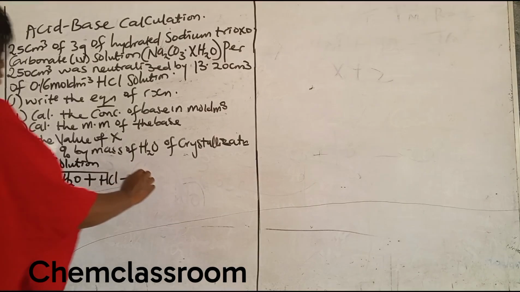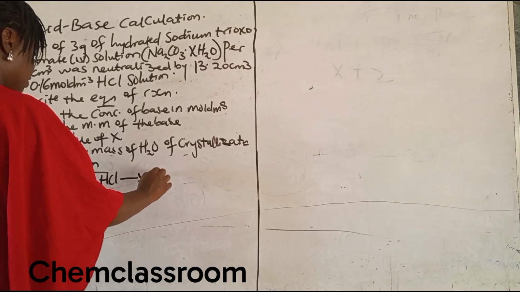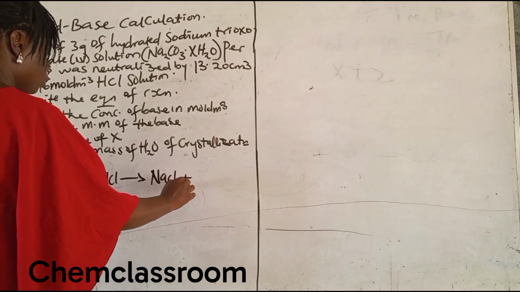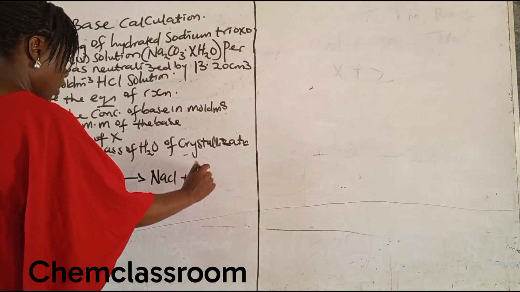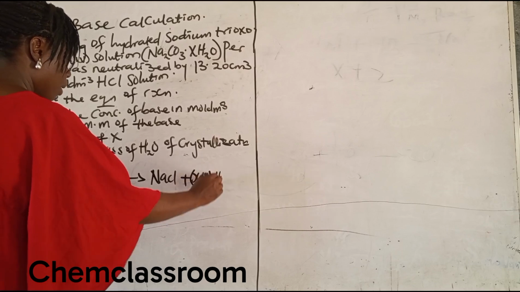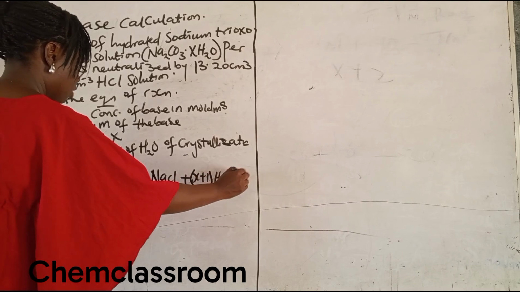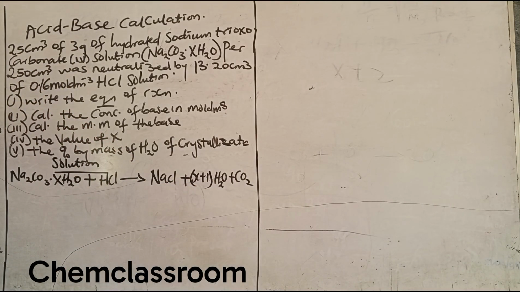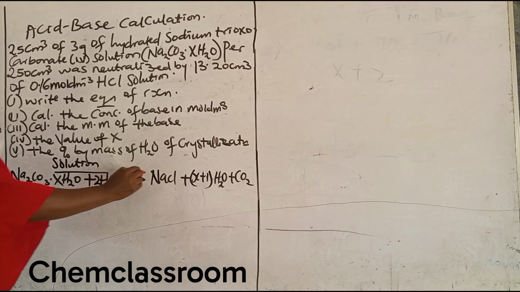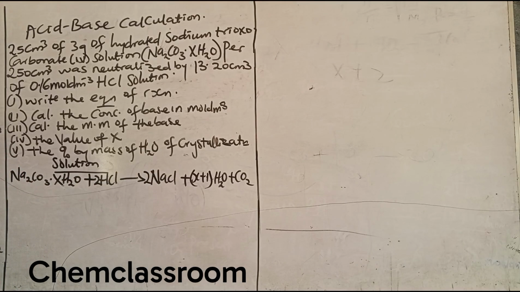Now our salt will be formed, our NaCl will be formed, plus what? Plus H2O, because X plus 1 H2O, we don't know the number of water of crystallization, then plus CO2. So let's see if it's balanced. It's not yet balanced, so I'll put 2 here, then I'll put 2 here. So I guess it is balanced.